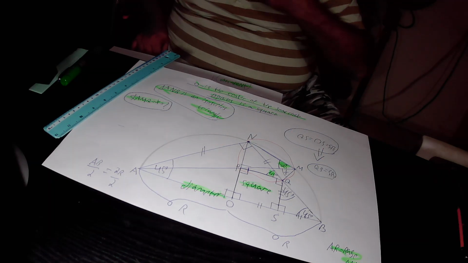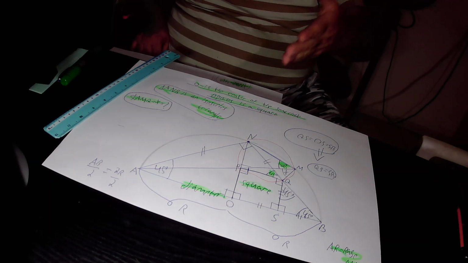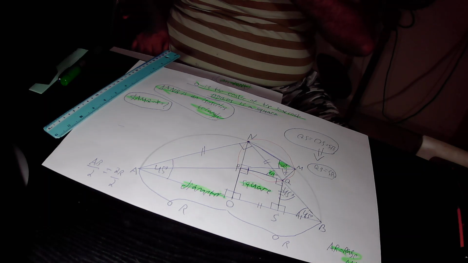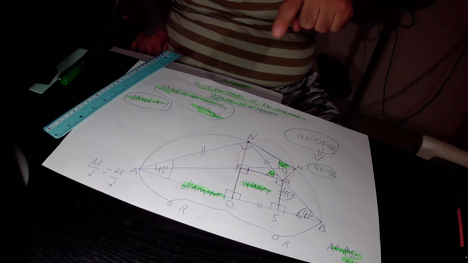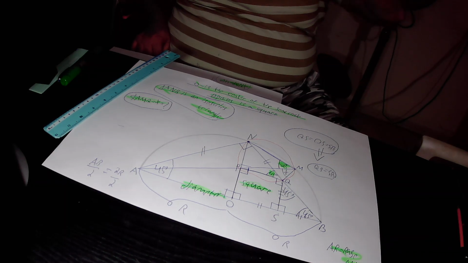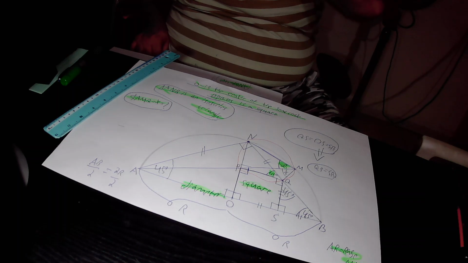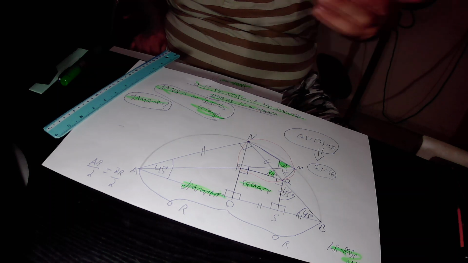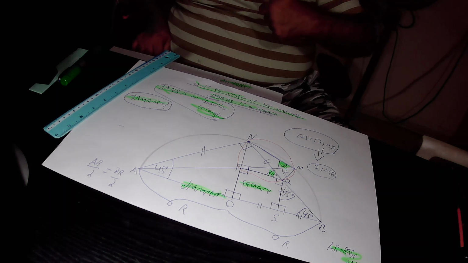The perpendicular to the base must touch the base at its midpoint. So the perpendicular from point N must touch the diameter AB at its midpoint. What is the midpoint of any diameter?